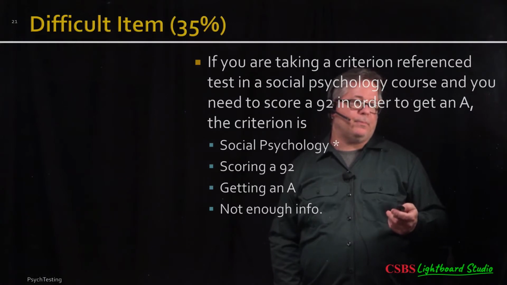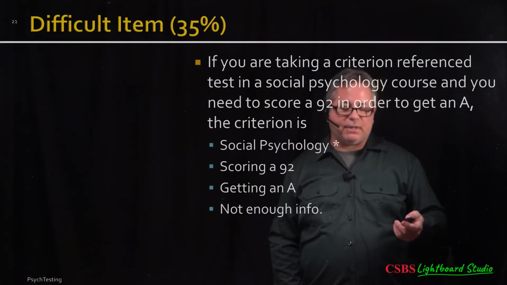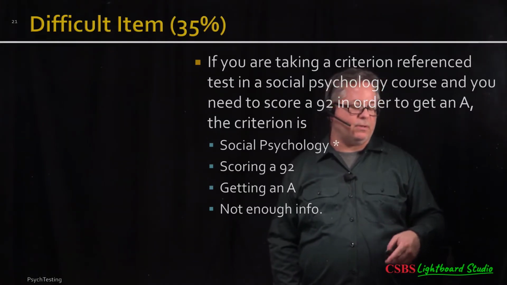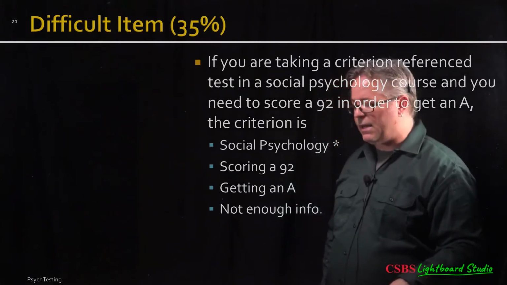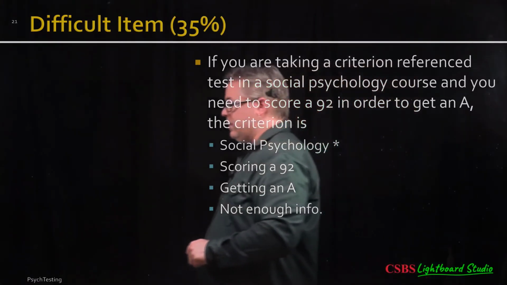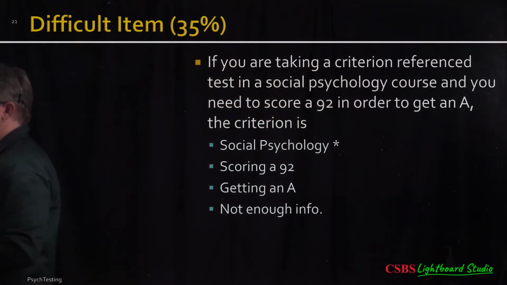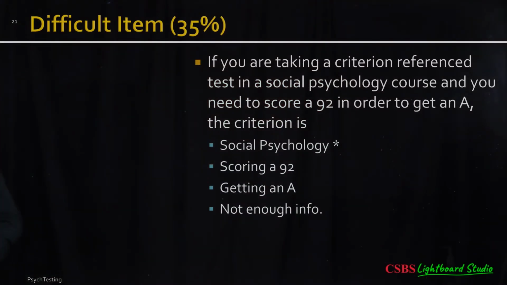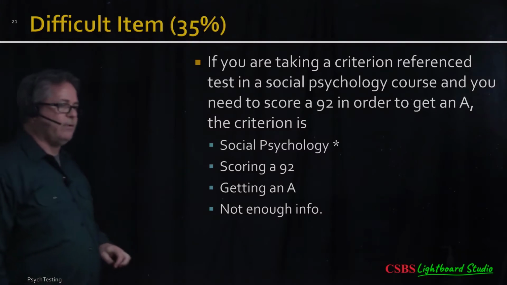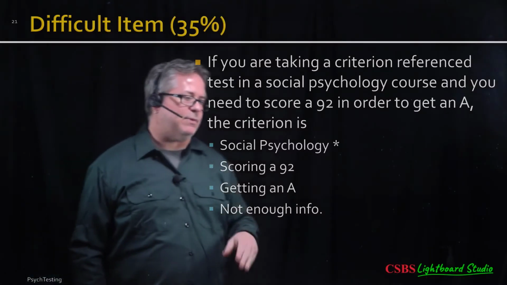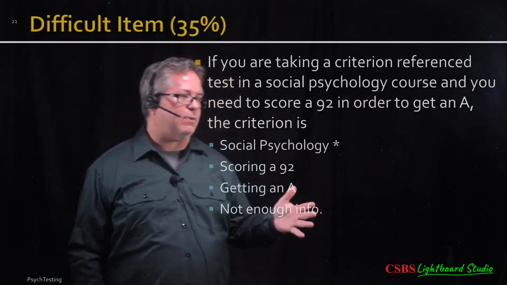Oftentimes on a test, I'll go through and look at item difficulties that are that bad, where only like 10% of the class got it correct. I'll check whether I scored it incorrectly or there's something wrong with the question, because I usually don't have questions that are that difficult. That's too difficult, because they're not very useful.